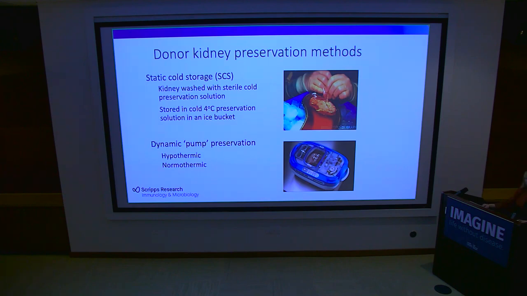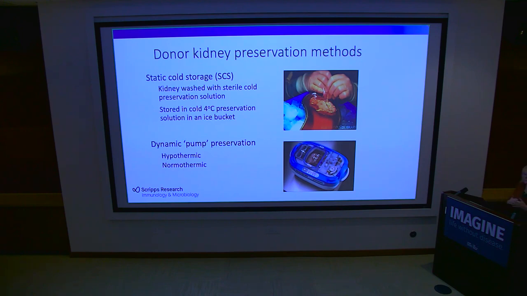And the current preservation methods that we use for kidneys, most commonly is static cold storage because it's cheap and easy. Kidney is just washed with sterile perfusion, stored in an ice bucket basically. And then another way kidneys are preserved is with dynamic pump preservation, either hypothermic or normothermic.